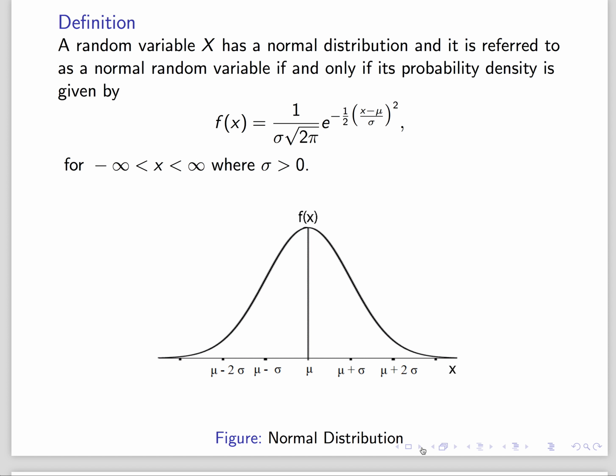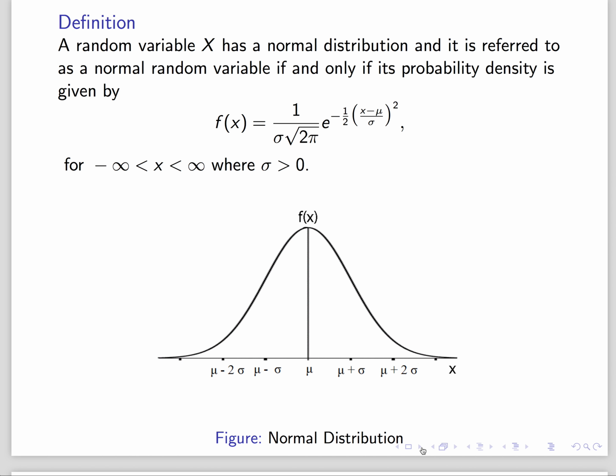Here along the x-axis we are taking the range of the random variable and along the y-axis we are plotting the function f(x).